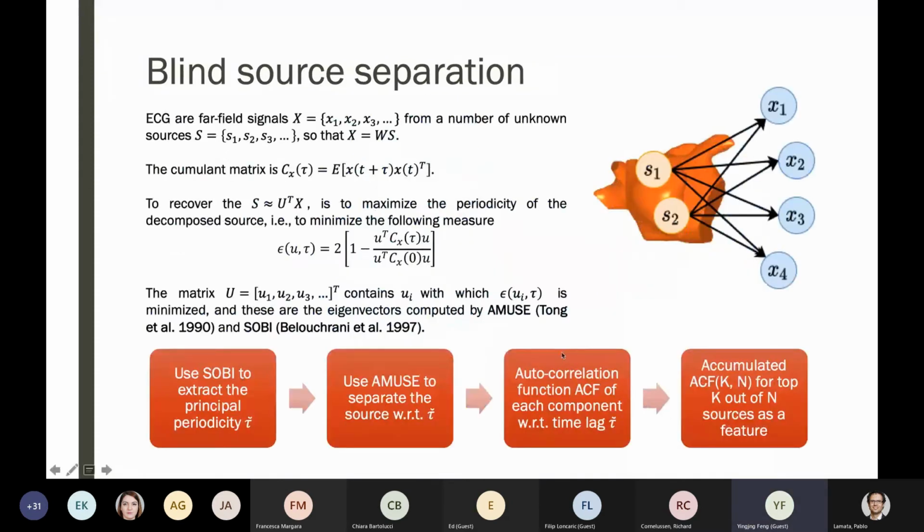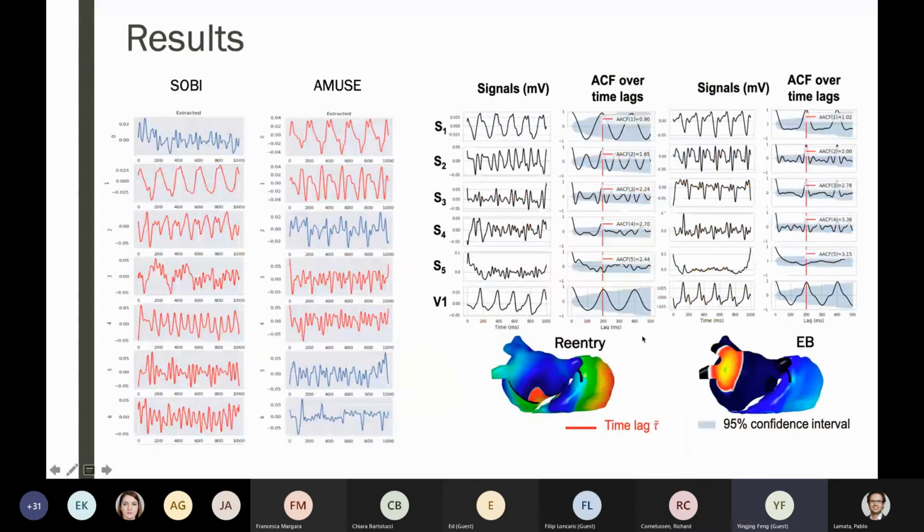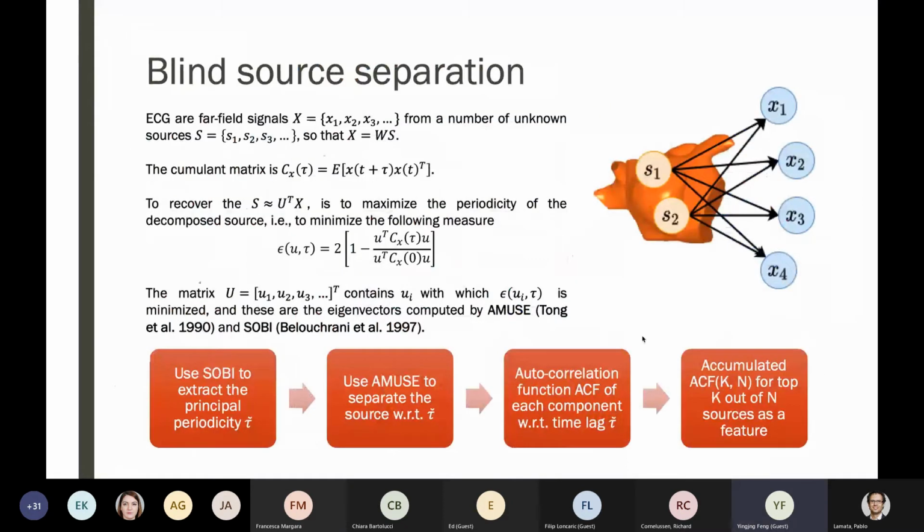And we use blind source separation to infer what's happening in the heart from the torso potentials. So this is formulated as, given the signals on the torso, there is a linear mapping between the source in the heart and the torso.